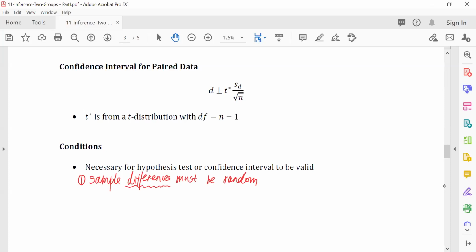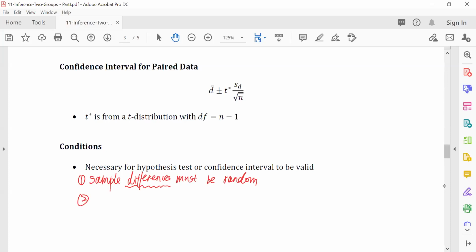So again, we are talking about the differences here. So it's going to be the same as the one population case. It's just every time you're talking about the sample in the one population case, we are talking about the differences here in this pair data case.